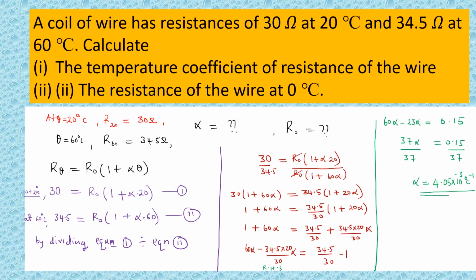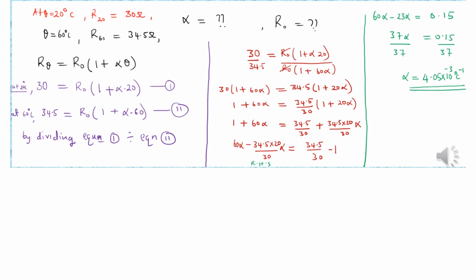For part 2, we are required to calculate R0 from one of the equations. Let's say from equation 1, 30 is equal to R0 into 1 plus 20 alpha. Alpha is the temperature coefficient of resistance. We already have it. Then we do the substitution.